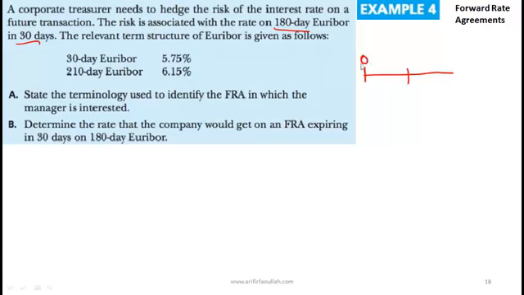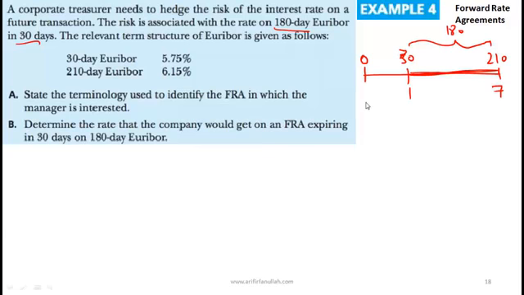So if we are now at time 0, after 30 days, 180-day Euribor means, so that's 30 over there, so this means 210 over here. So at time 0, we are getting into a contract on a 180-day loan, which starts 30 days from today and ends 210 days from today. So either you can write it in terms of days, or if this were months, then it would be starting at month 1 and till month 7.